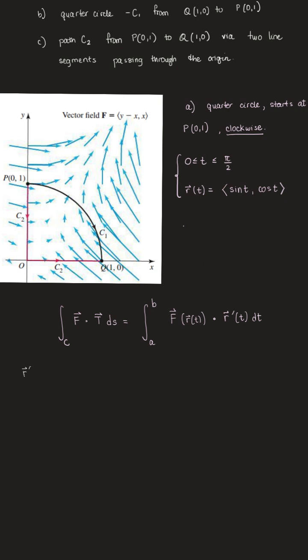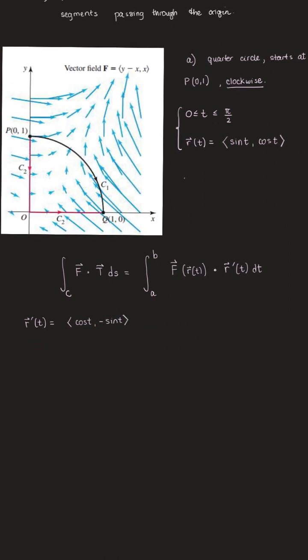So R prime of t for this quarter circle is going to be (cosine t, negative sine t). I just took the derivative of r of t. And our vector field F, which is y minus x and x as its components, well, let's write it in terms of t.